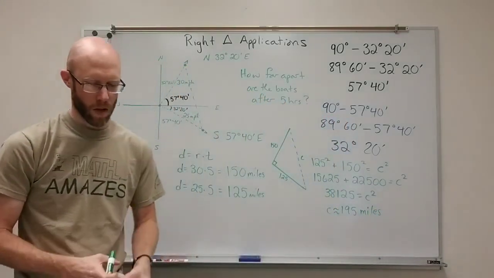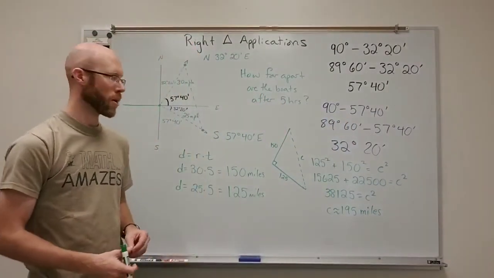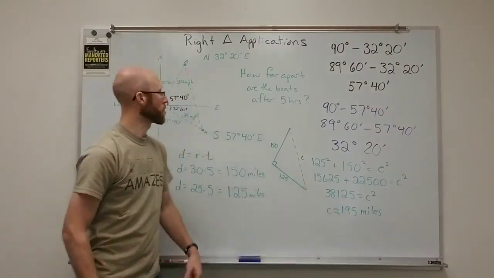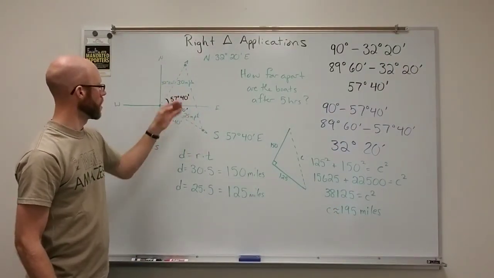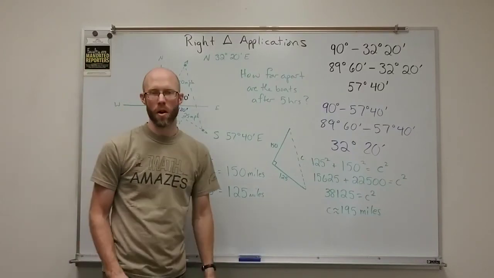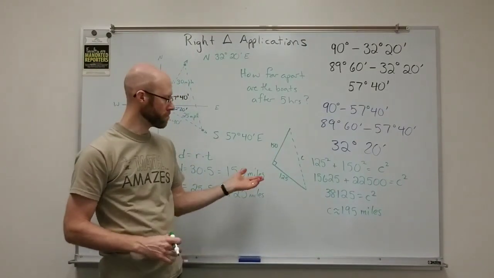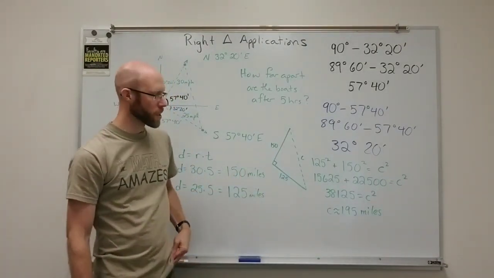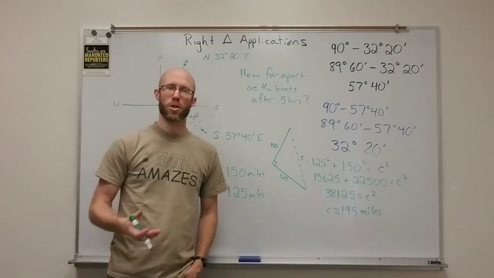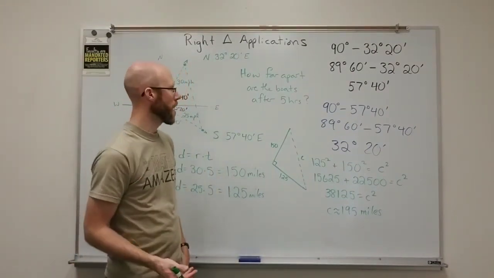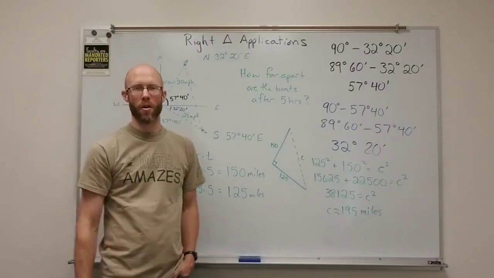Okay, so again, I'm rounding to the nearest whole number because that's what all my original distances were rounded off to, or measured in. So it's approximately 195 miles between the two boats after 5 hours of travel.